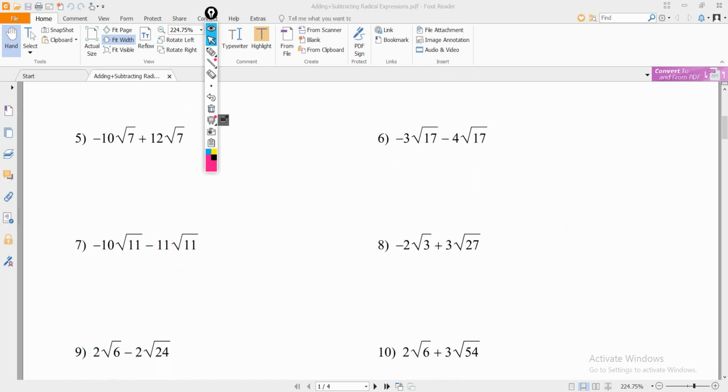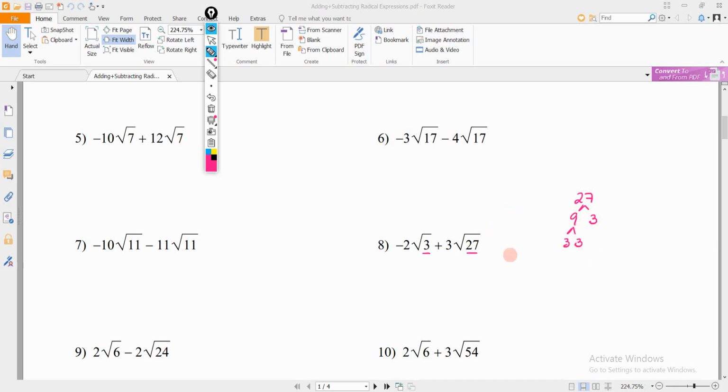this one right here, number 8. Okay, so initially I might think, oh, those two things are not like terms, so I can't add them together. But the 27 can be broken down to 9 times 3, and then 9 can go to 3 times 3.